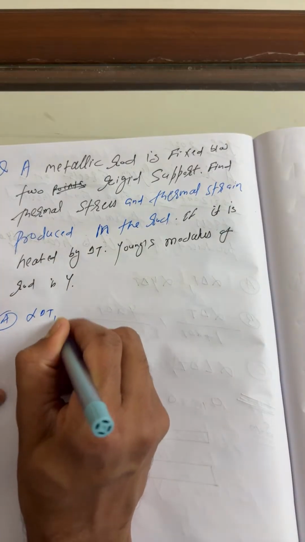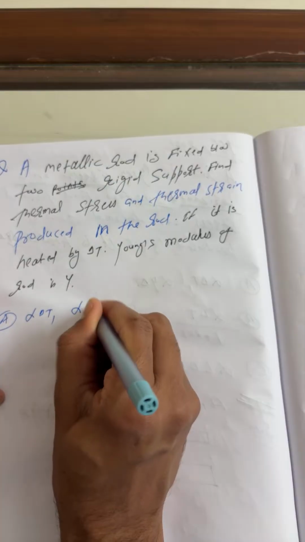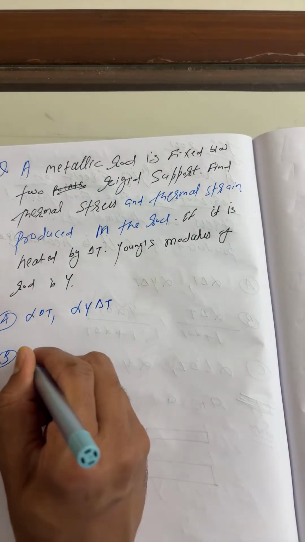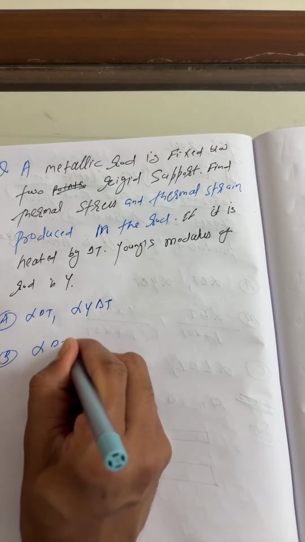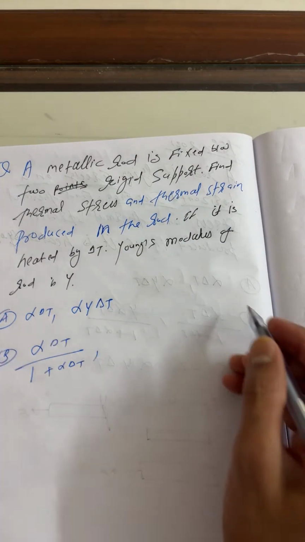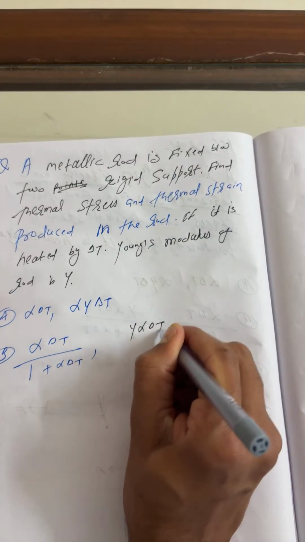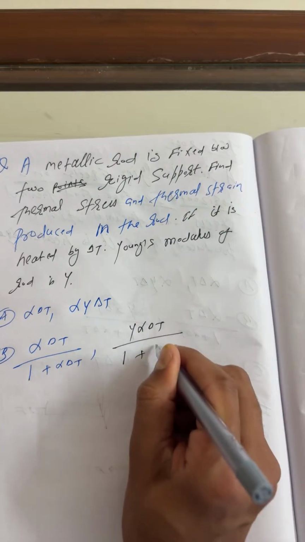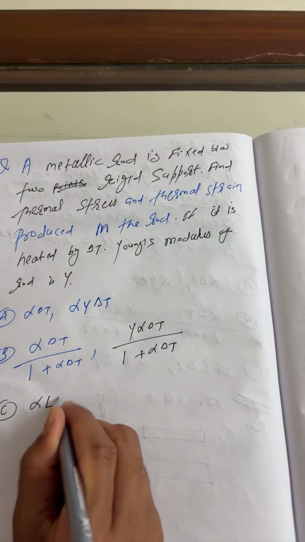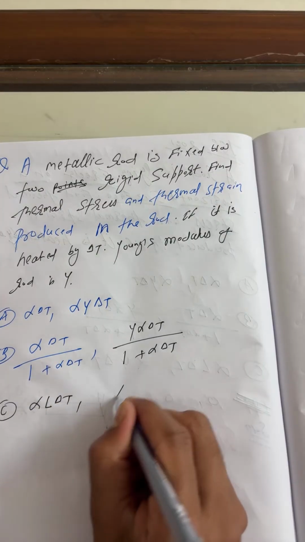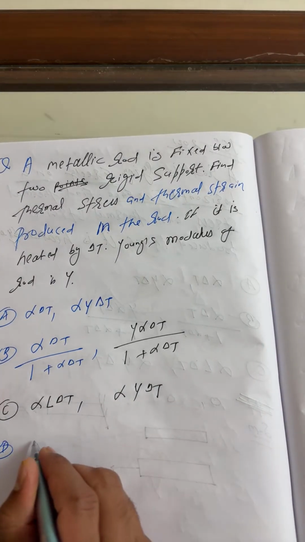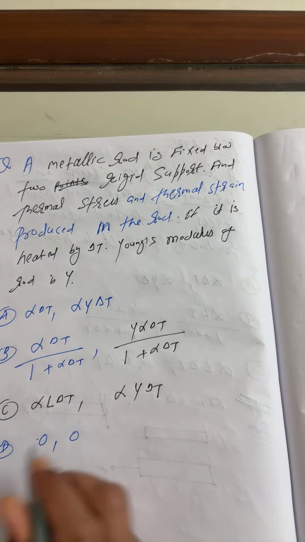Option A: alpha delta T for stress, alpha Young's modulus delta T for strain. Second: alpha delta T upon 1 plus alpha delta T, and Young's modulus alpha delta T upon 1 plus alpha delta T. Next: alpha L delta T, alpha Young's modulus delta T. Last option is 0, 0.